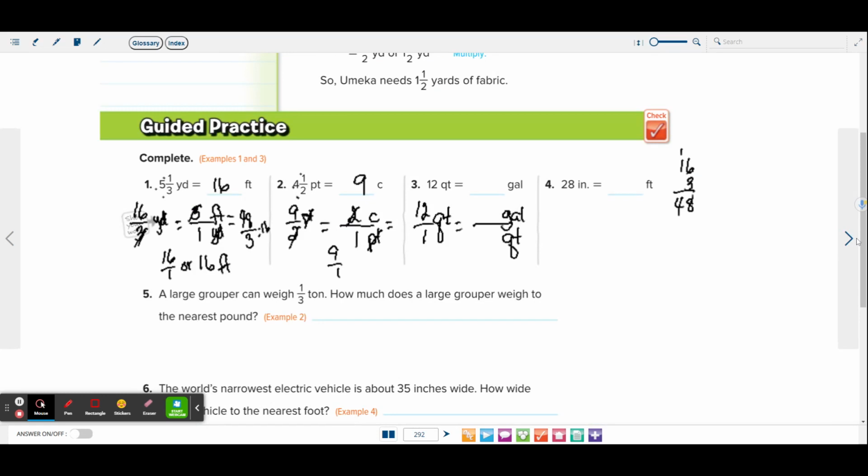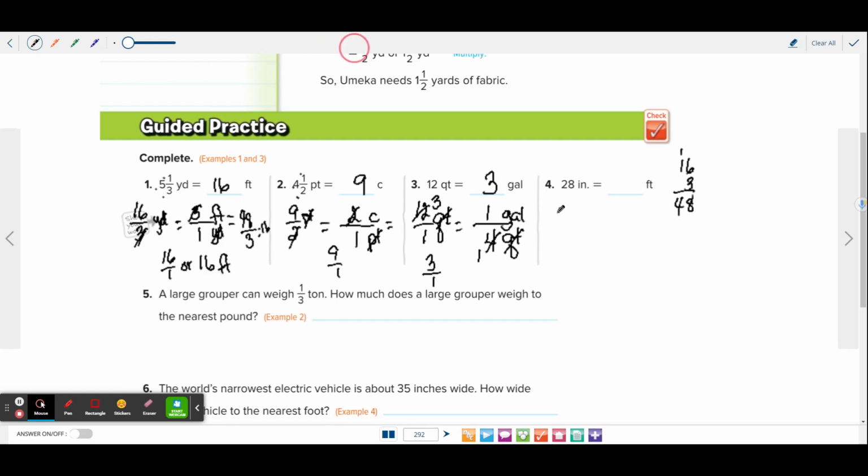So we go back to our problem. 1 gallon is 4 quarts. Now the quarts can cancel, and we end up with 12 over 4. Oh, we can cancel there, can't we? Let's do that first. We can divide 12 and 4 by 4. That would be 3. That would be 1. Then we get 3 over 1. So that means it's 3 gallons.